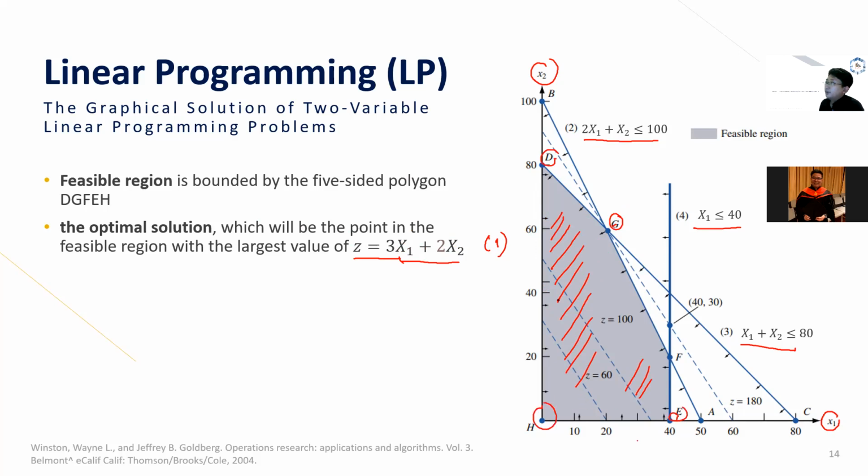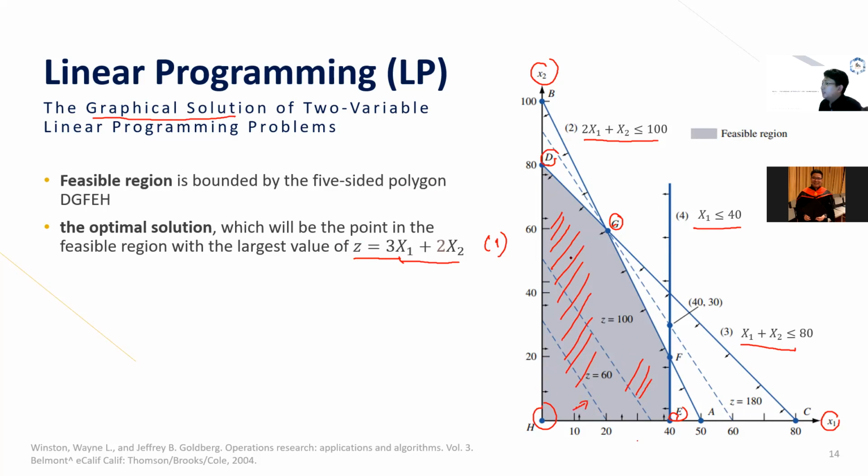Okay, so from this, later on in OR courses, you may be taught how to use the graphical solution approach to get the optimal value. For example, using a line like this.